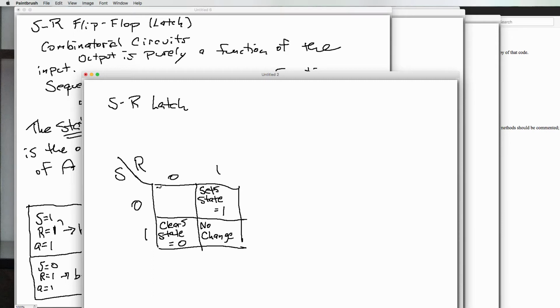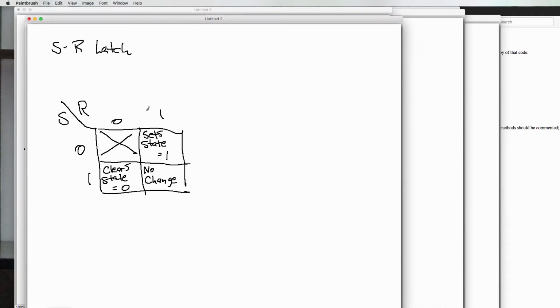And this one over here, I'm going to put a big X through, meaning you don't ever want it to happen. So remember, what's going on here in these latches, there always is an output, and a lot of times in the literature they'll refer to the output, the state of it, as Q, and then there's also Q prime. This is the same thing that we've called A and B. So you'll sometimes see people write it this way.